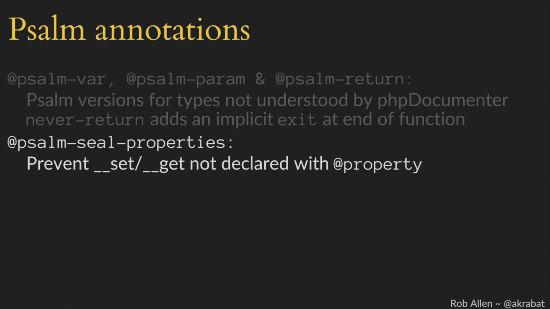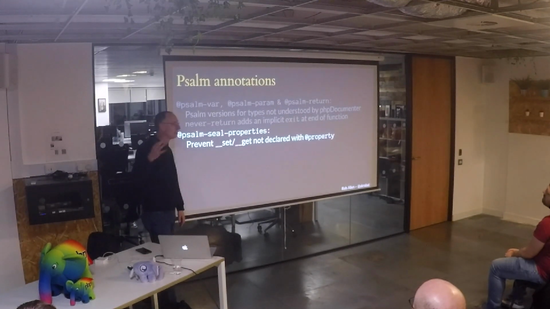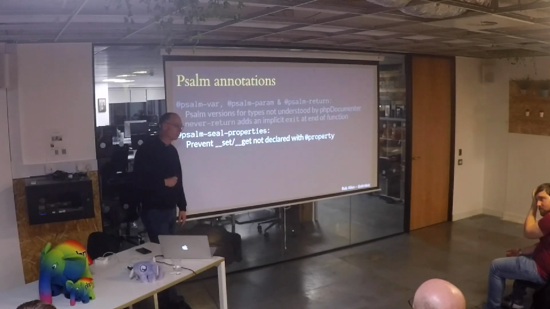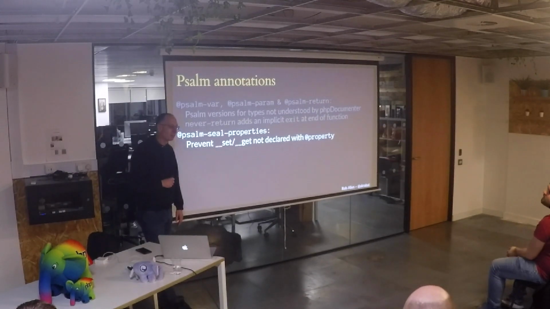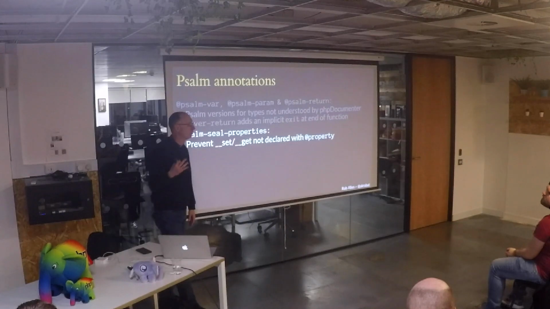SARM seal properties is quite a cool one. If you've got a class that uses those magic getters and setters to set an array within the class or something like that, for instance, you should declare them as properties in the class declaration so that your autocomplete works, because you all use PHP Storm probably, or VS Code or something.